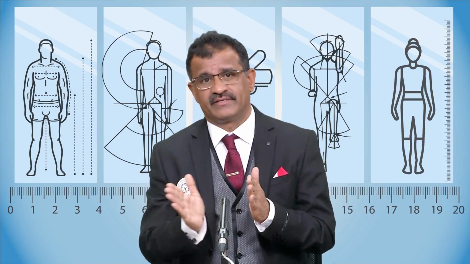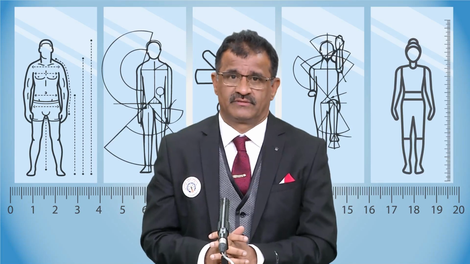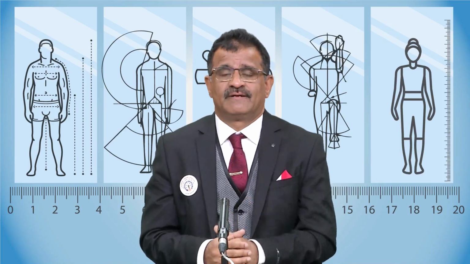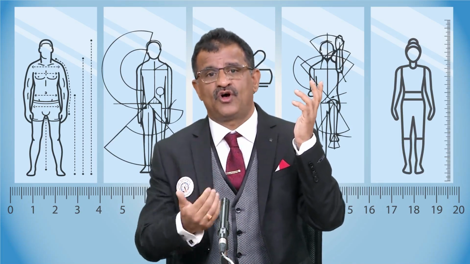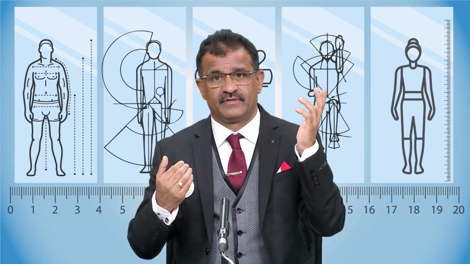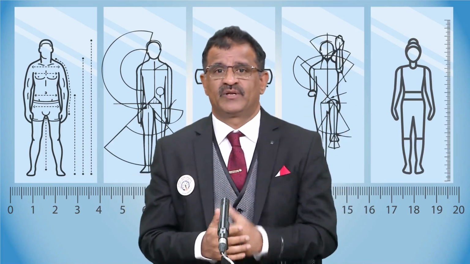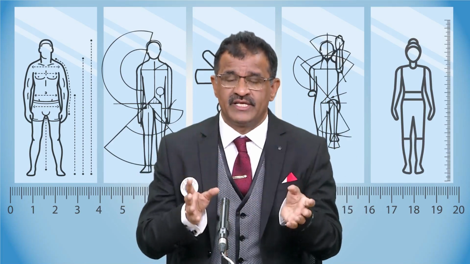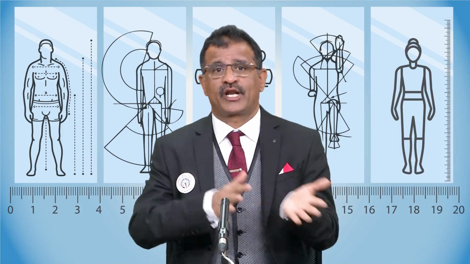In that manner, anthropometry is related to anthropology. This is because previously, when anthropometry was not fully developed, in anthropology itself the measurements were made on the human body and animals, either alive or dead.